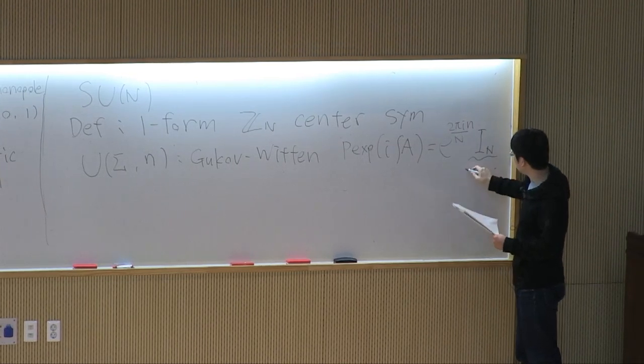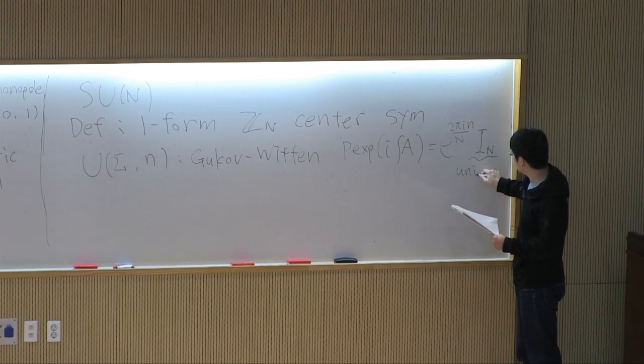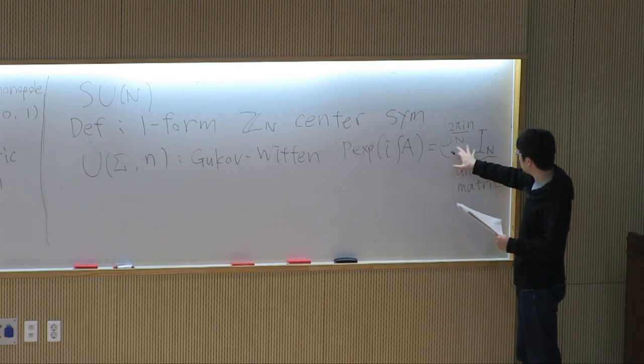Okay, this I_N is a unit matrix. So this element is a center of the gauge group.